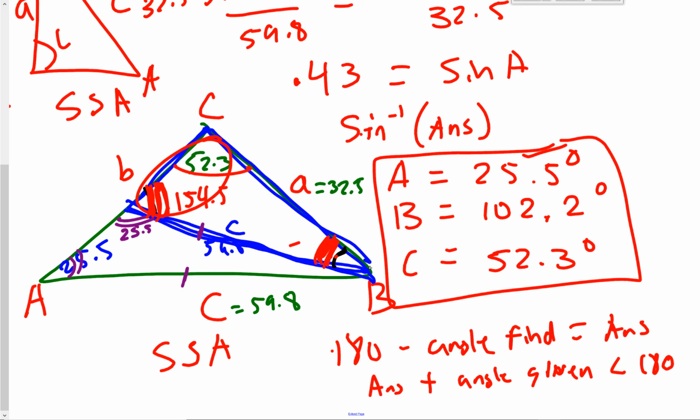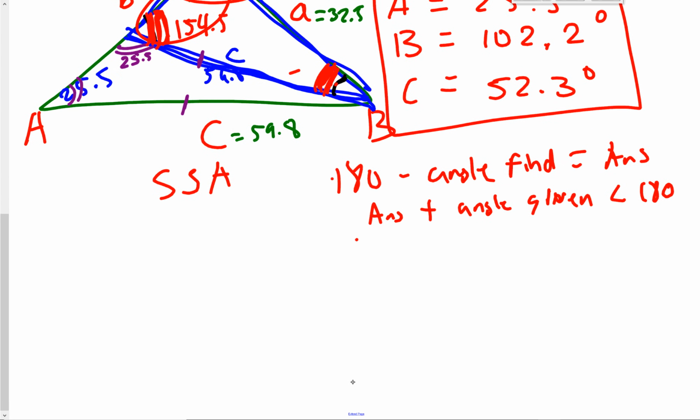So now we have three angles, and we have one side, or two sides, so we have to figure out our third side, okay? So I need to find little b, right? So to find little b, I'm going to use sine of b, which I do have now, right? It's 102.2. And I'm going to start with what I was just given, right?